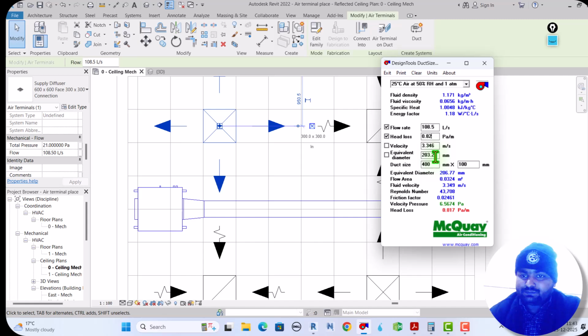And here the width should be how much? At least 50 mm greater, right? So here if I take 350, then the height is 100. It is fine. If I take 150, also it is fine, right? 350 by 150. Okay, it is fine.